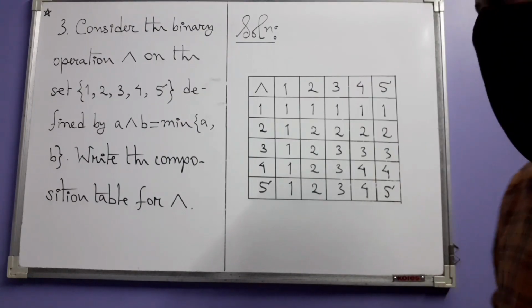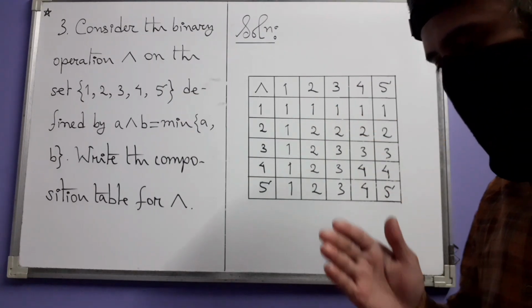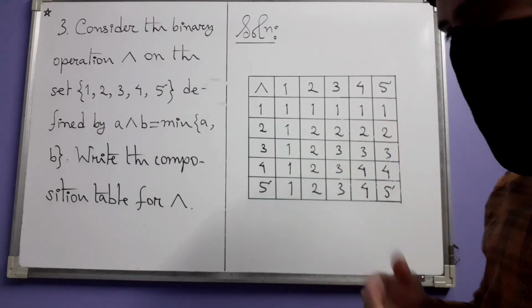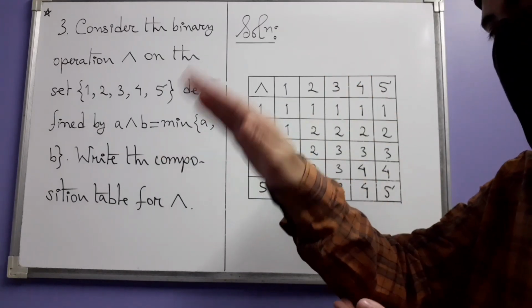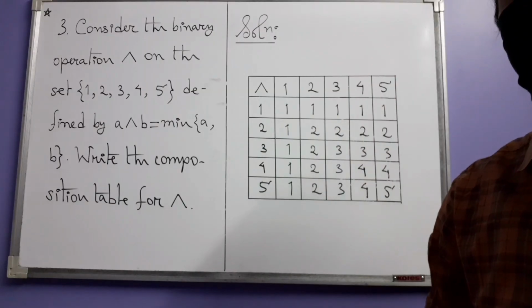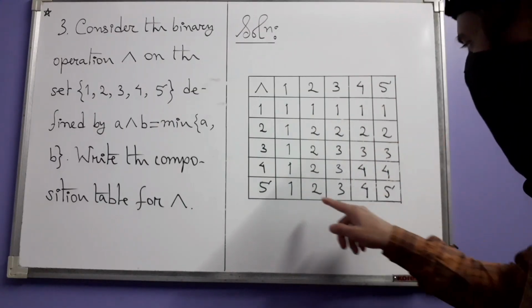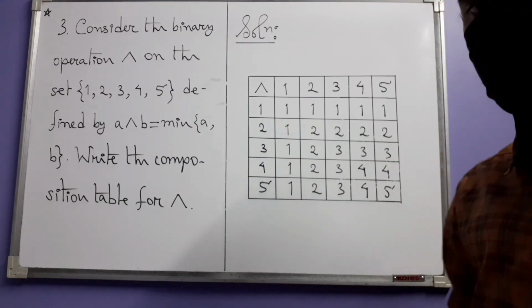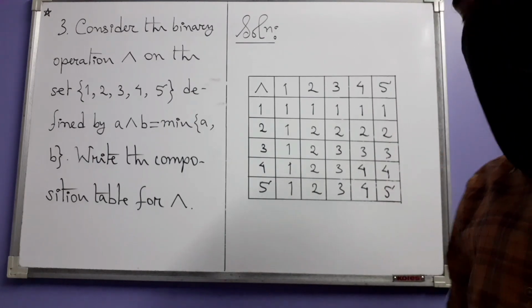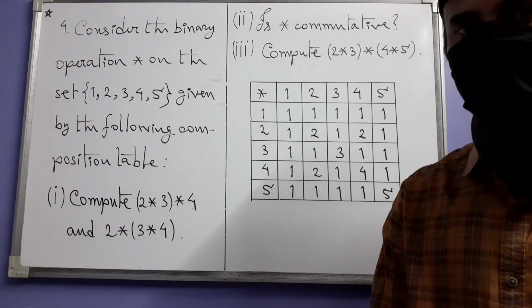Do you see this thing? The row that you consider, any one of the available rows, you rotate that, you get the column. Let me see the last one also. 1, 2, 3, 4, 5, 1, 2, 3, 4, 5. So that's the table.